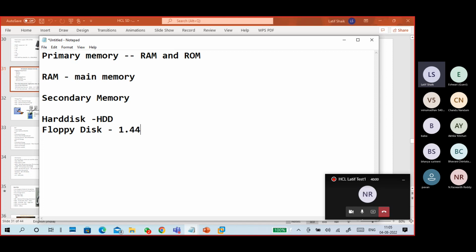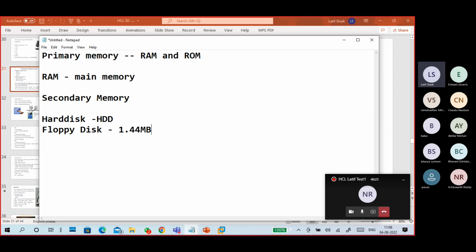Its maximum capacity is 1.44 MB. Okay, 1.44 MB is the maximum capacity of a floppy disk. That is the 3 1/2 inch floppy disk. There is also a 5 1/4 inch floppy disk.